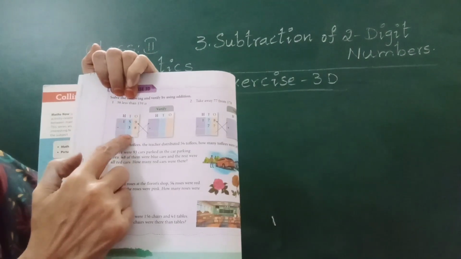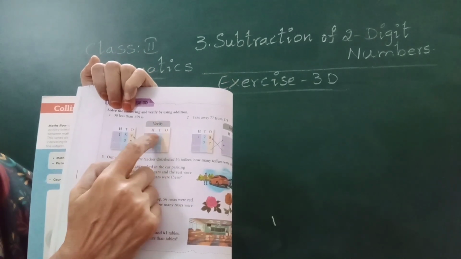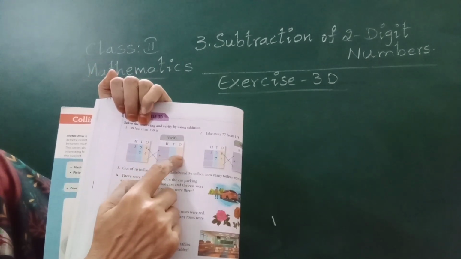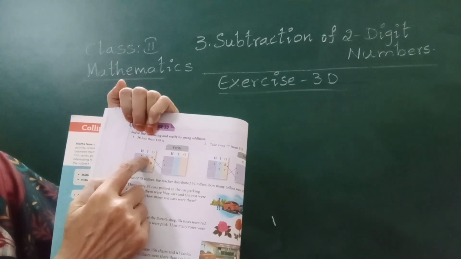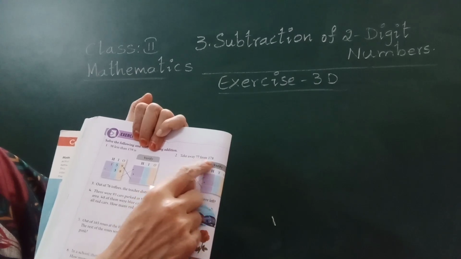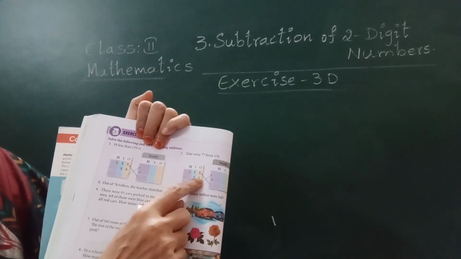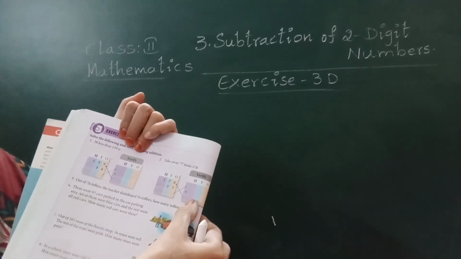First do the subtraction, we get the difference. Write the difference in the first place. Second number write below the difference and add those two numbers. We get the first number. Here also, take away 77 from 178 means 178 minus 77. Find the difference and do verification.